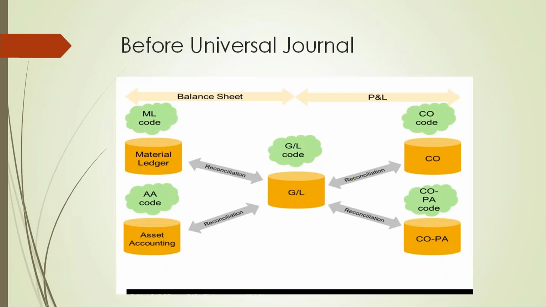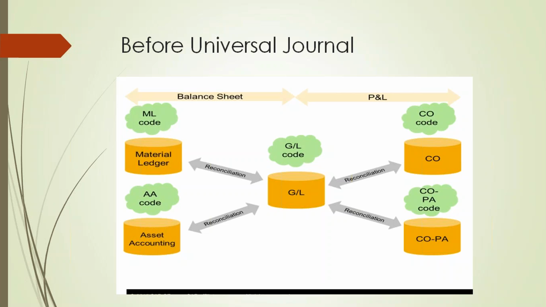This slide we already talked about during the demo session, and I think most of you were available, but there are some new people who were not in the demo session, so this is particularly for them. Before universal journal, there were separate tables and separate screens for different submodules within financials.